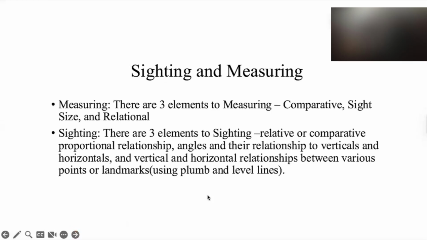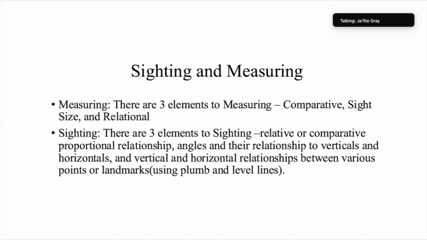So when it comes to today, I do want to make sure I'm talking about sighting and measuring. It's not a lot that we can do because we are working from a photo. So we're probably going to use mostly relationships when it comes to measuring: what is the height and width in relationship to one object next to another object, and so on.